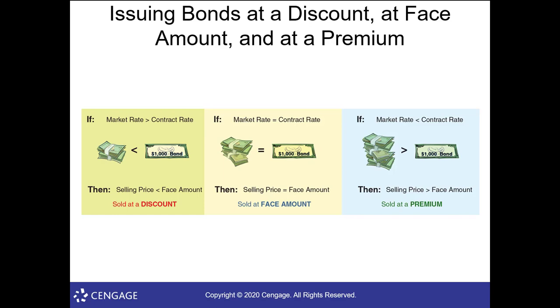If the two rates are the same, then it will sell at the face amount. And lastly, if the market rate is less than the face rate, it will sell at a premium.